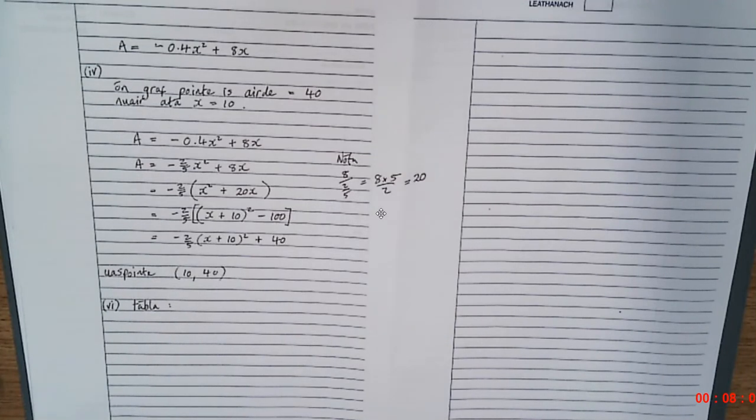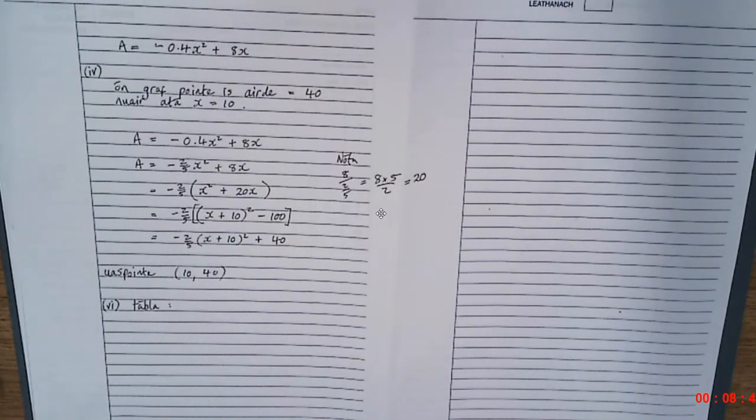Let's look at the table and the values. Then roughly 4.7.